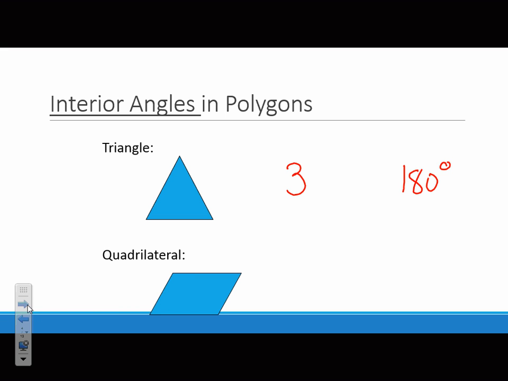Because now when we go down to a quadrilateral, first thing, how many sides does it have? It has 4 sides. Now a big thing with this one, if I cut this down the middle, I just made 2 triangles. So if I want to figure out how many degrees the angle's made, I'm going to say, okay, I have 2 triangles times 180, and that's going to give me 360 degrees. So my quadrilateral has 360 degrees.